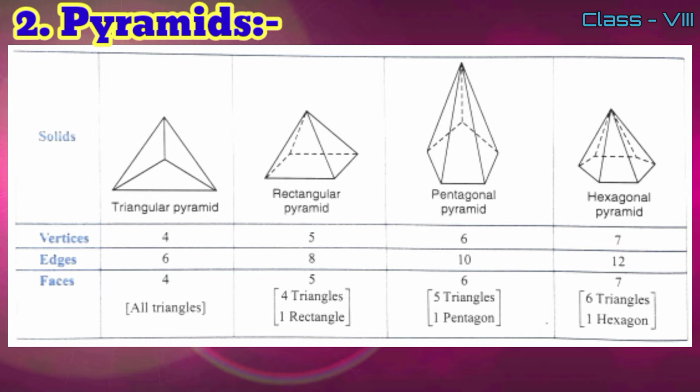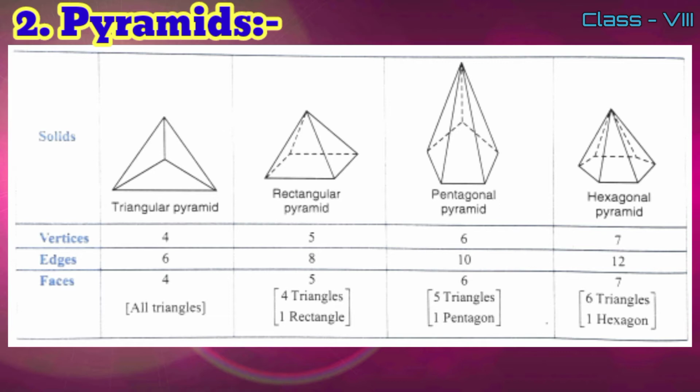In the second one, in the base there is one rectangle, and in the upper part there are four triangles that converge on one point. Since in the first one the base is a triangle, it's called a triangular pyramid, and in the second one the base is a rectangle, so rectangular pyramid, and in the third the base is a pentagon, so pentagonal pyramid, and in the fourth the base is a hexagon, so hexagonal pyramid. So in this way you can give the name.